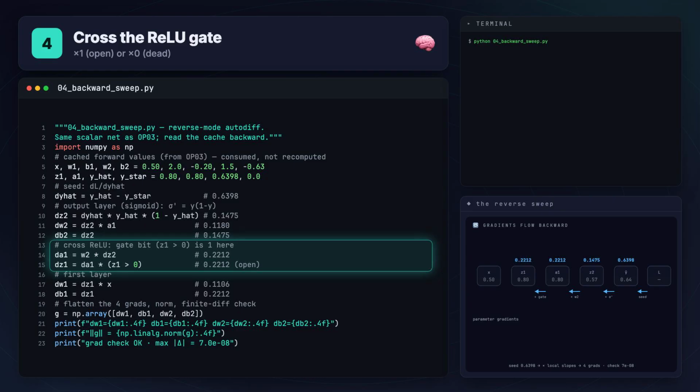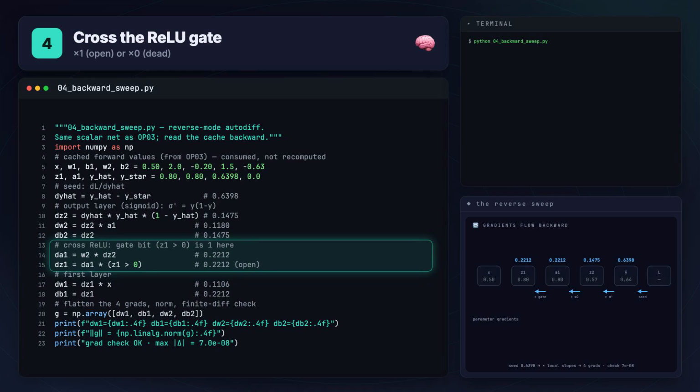Crossing the ReLU: da1 is W2 times dz2, which projects the error back through the output weight, then dz1 is da1 times the indicator of Z1 greater than 0, which multiplies in the gate bit you cached. The gate was open, so dz1 is 0.2212. That one multiplied by 0 or 1 is what kills a dead unit's gradient.